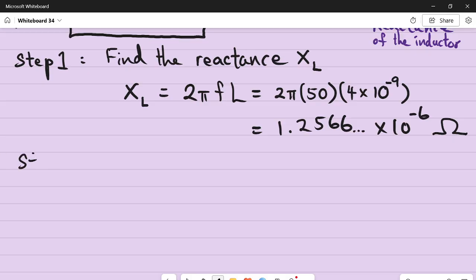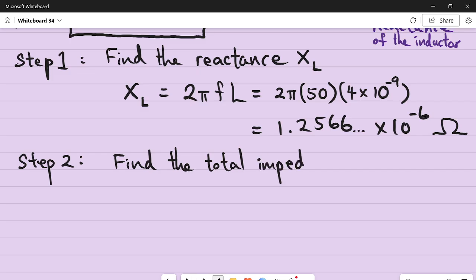So step 2. Notice I'm not rounding this time. I'm keeping my numbers like this. So what am I finding? No, the resistance R is already given to us. We are finding the total impedance of this whole circuit. So Z is equal to the square root of R squared plus XL squared.